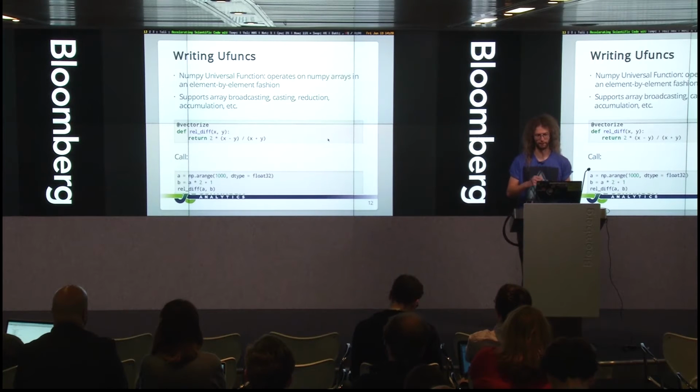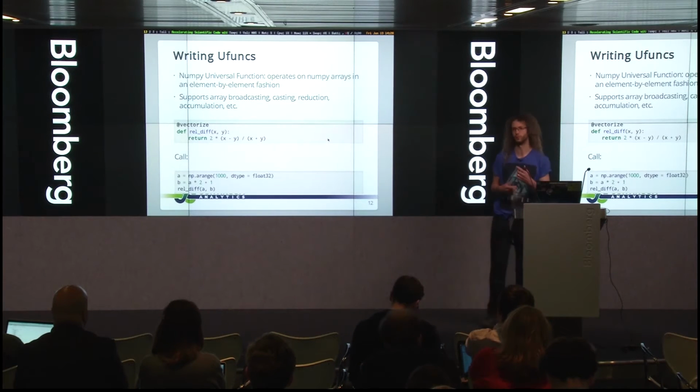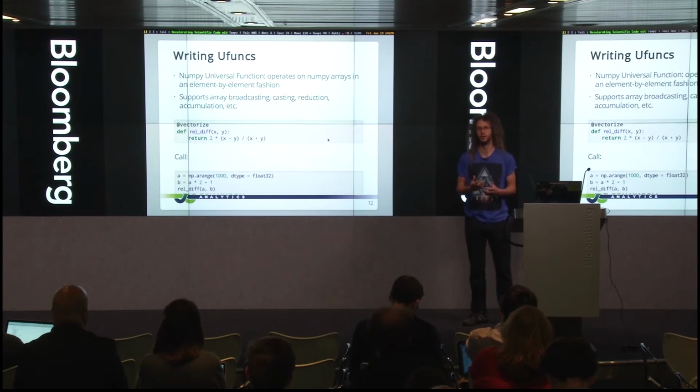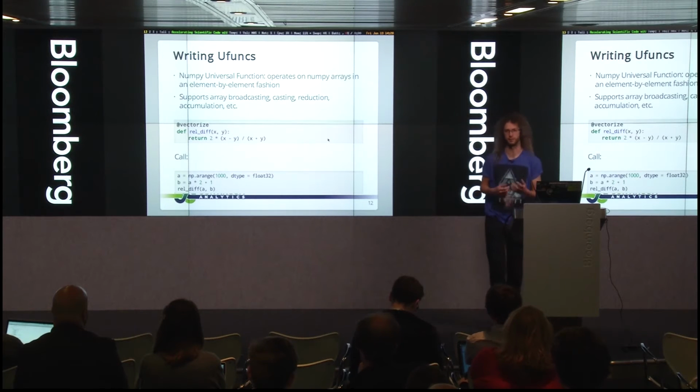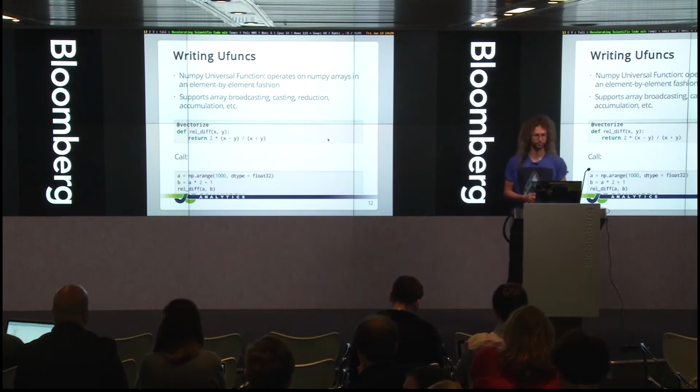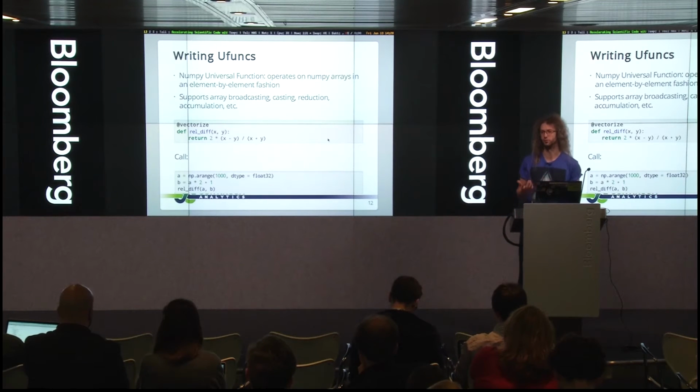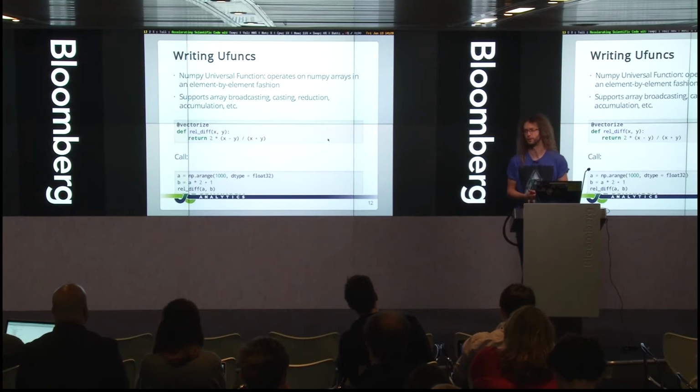When you write one of these scalar functions, you also get some other operations for free that allow it to be used in reduction and accumulation operations. The downside of writing ufuncs normally is that you either have to write them in C and compile them, or if you write them in Python, they can be slow.